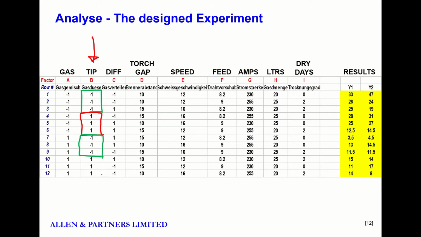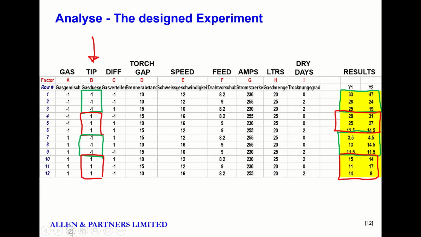So if I show you where the data sits now in the data table, so if I highlight the low value results in the green, so you can see, look, this block of 6 results and this block of 6 results will get averaged. They're in the green. Then this block of 6 results and this block of 6 results will be averaged.